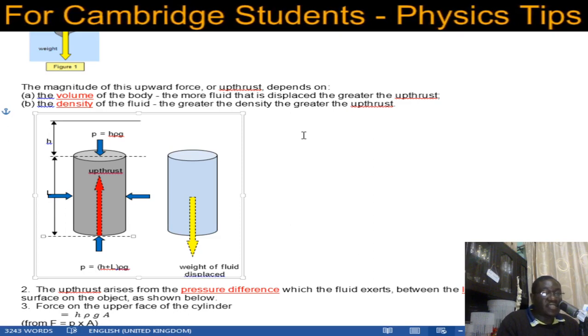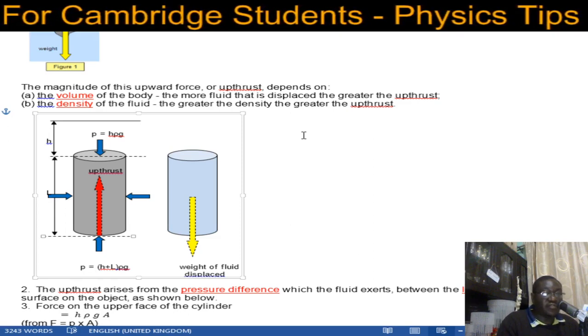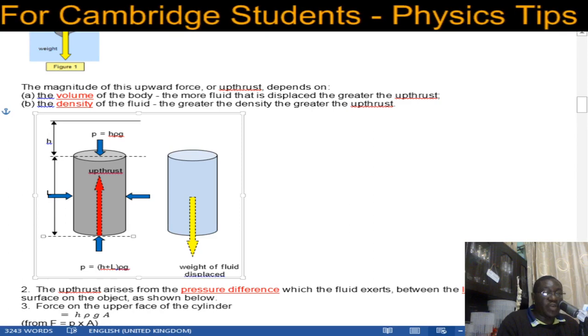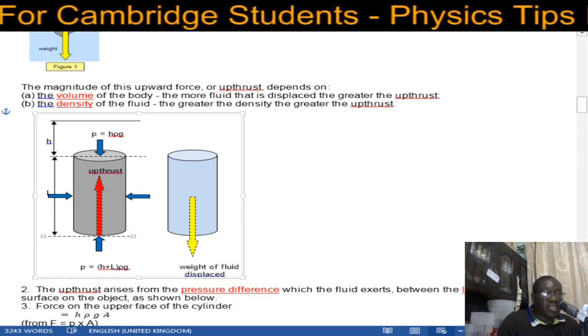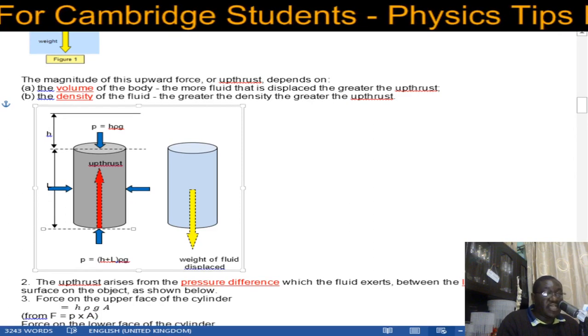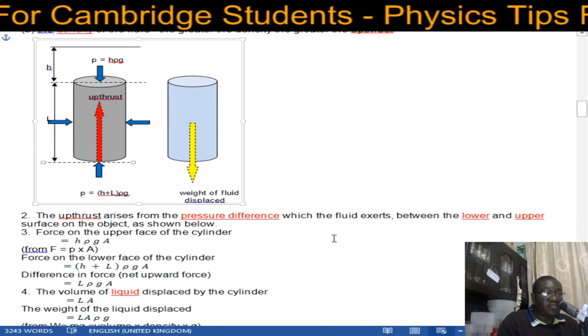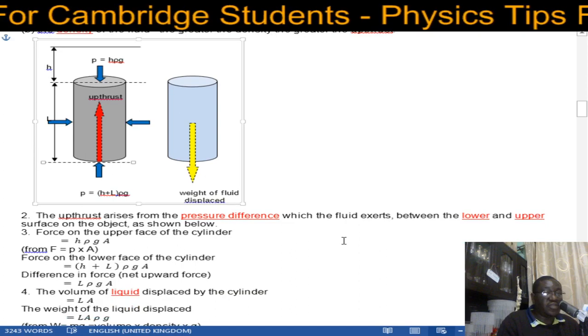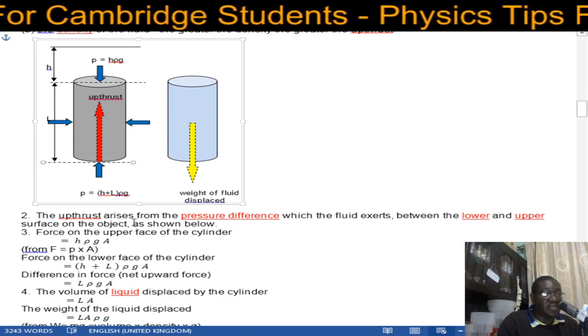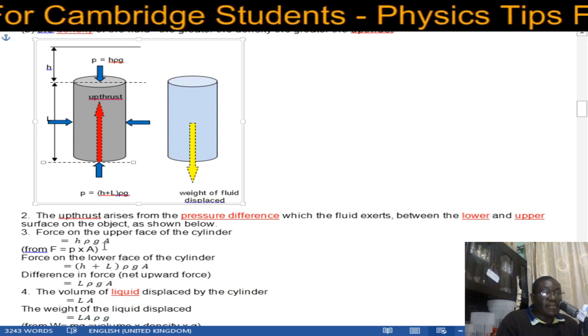So upthrust arises from the pressure difference which the fluid exerts between the lower and the upper surface on the object. As shown on the diagrams there, the force on the upper face of the cylinder is h rho g times A, that is pressure times area, right?